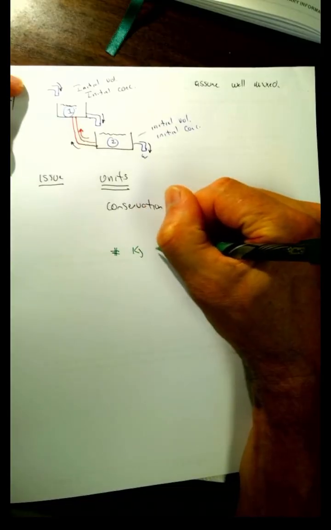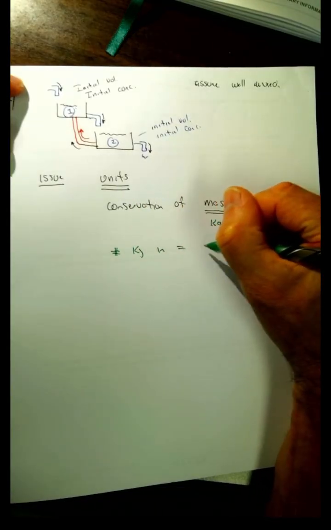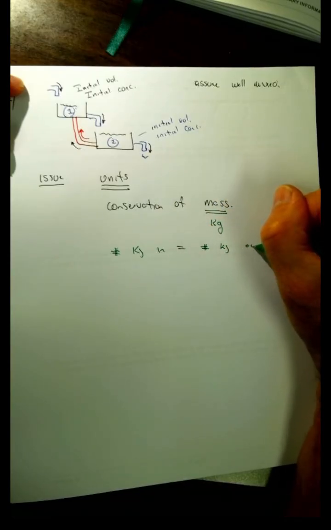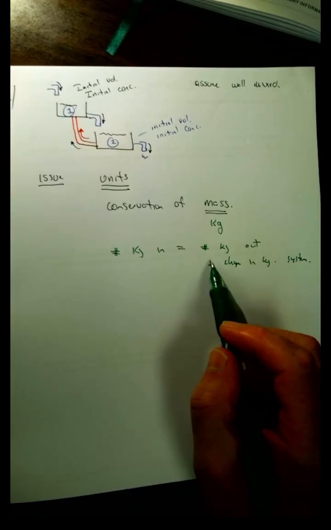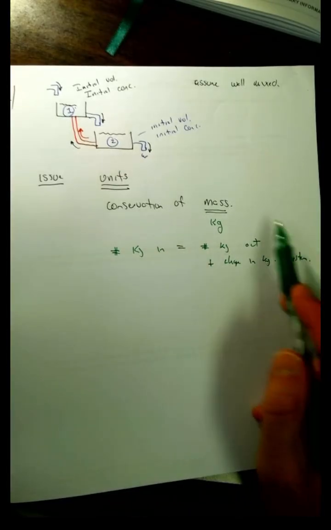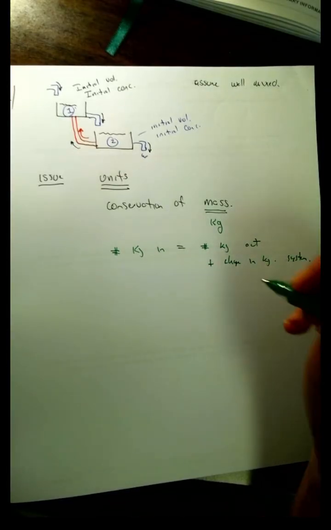So the number of kilograms in is going to be equal to the number of kilograms out plus the change in kilograms in the system. Now, trying to apply conservation of mass with this is very difficult because we don't know these things, but because we know flow rates, we know rates of change.